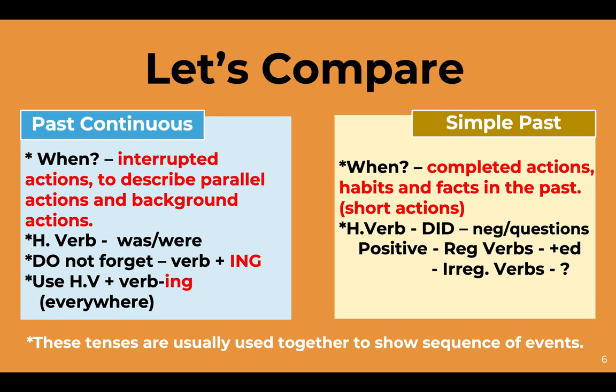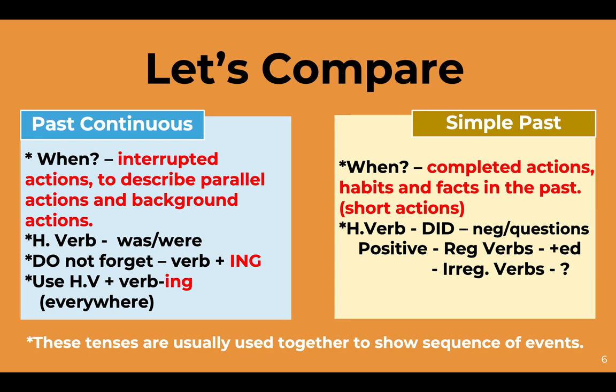For the simple past, for a positive sentence, we need the verb, which is regular or irregular. If it's regular, you need to add ed to the verb. If it's irregular, you need to learn the new verb. Okay? So, pay close attention to the simple past.